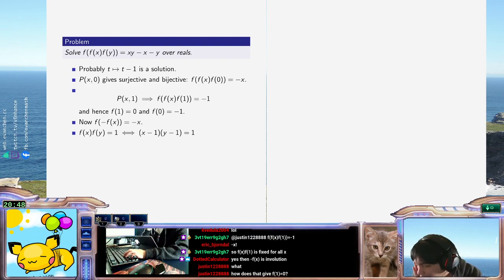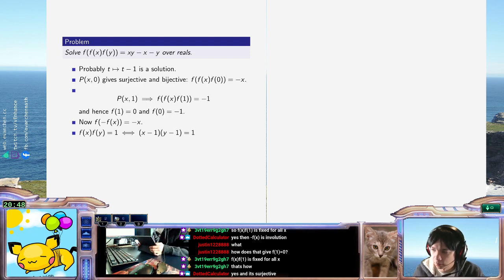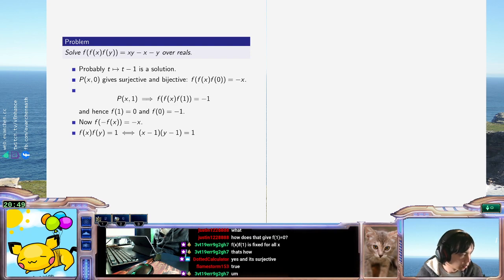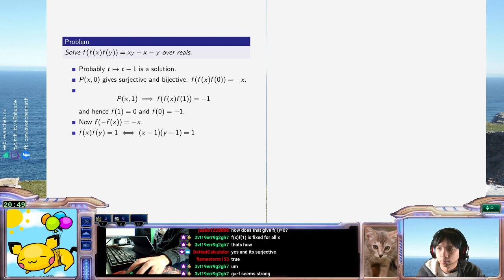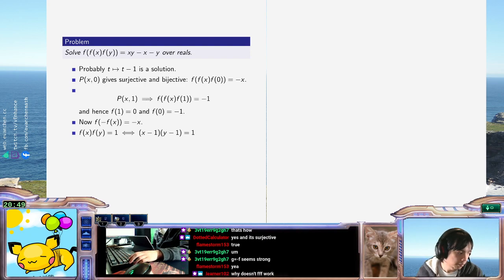Yeah, so minus f is an involution, so in some sense maybe I want to work with the function g equals negative f instead. Then the equation is almost the same except you get some g stuff. Why doesn't it work?